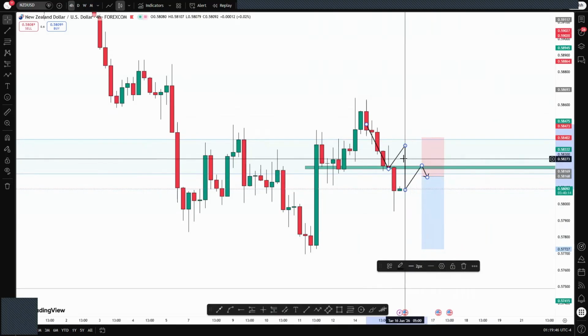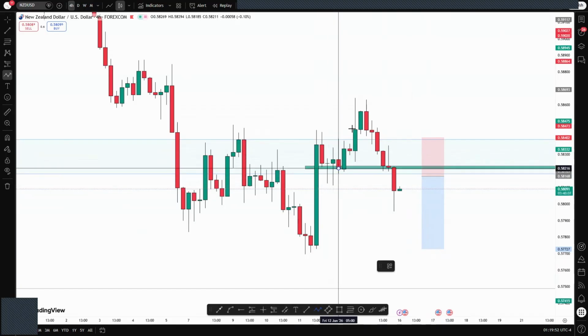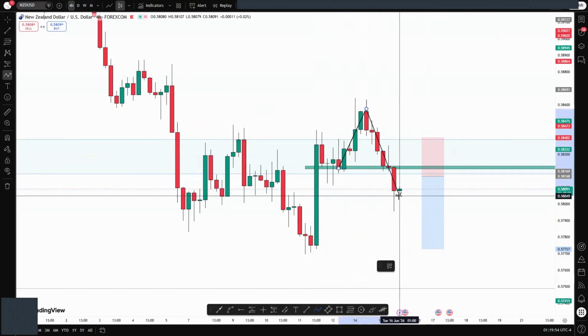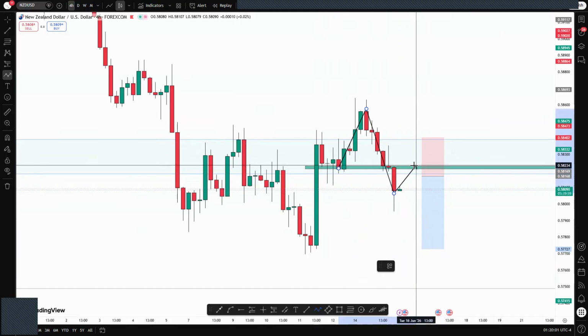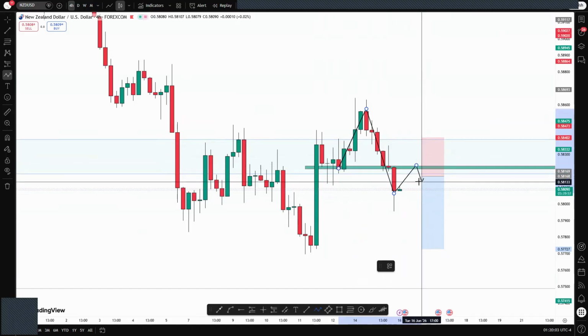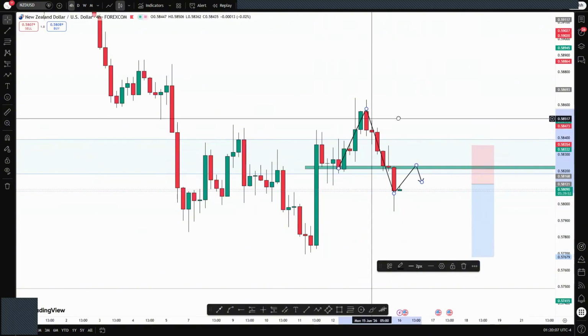Now, in this case, we have this here. So, let's say we have the retest and price gives us the engulf in here, right? Okay. And this is the structure.